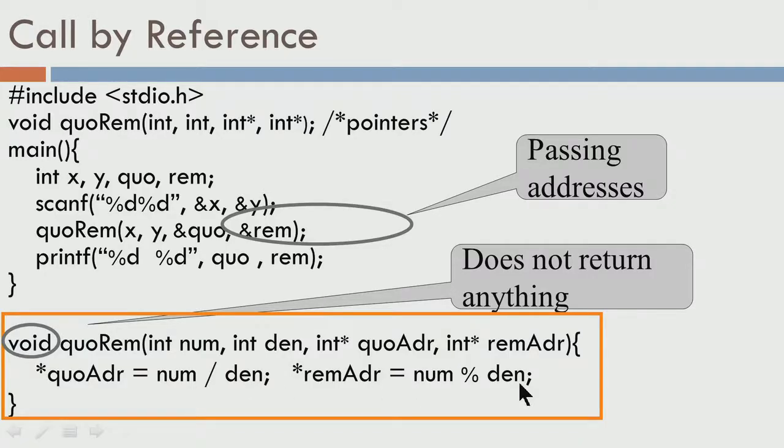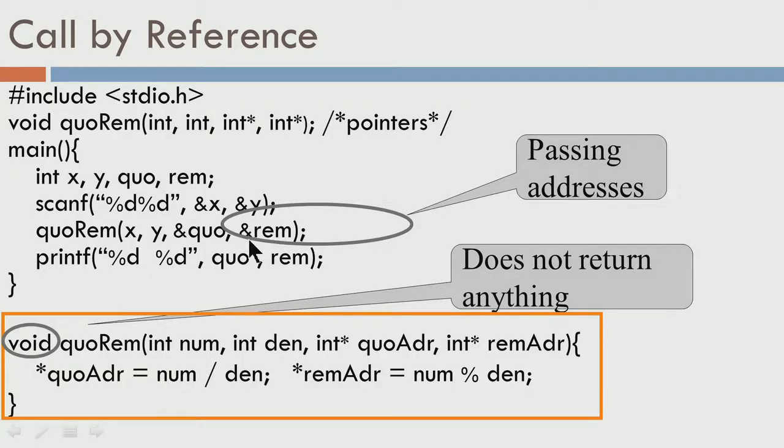So, this does two things. We did not really have to change C, the language, to give us two return parameters or three return parameters and so on. With still one return parameter, we are able to get things done, only that you have to pass pointers instead of passing values.